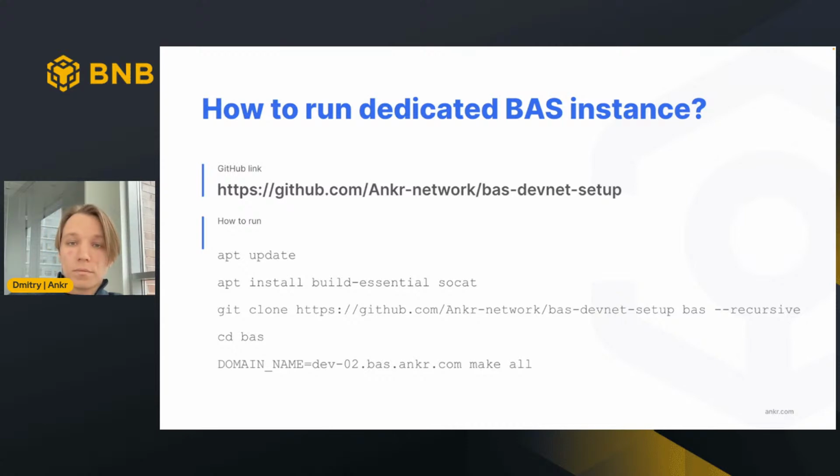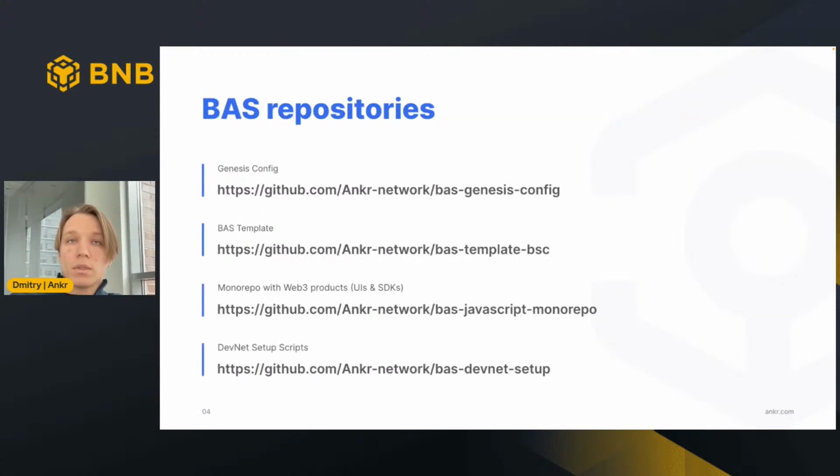And right now, we have the following repositories. These are the most important repositories for the BAS. The first repository contains the Genesis configuration. This configuration includes all information regarding the Genesis state and special scripts that can be used to generate your configuration based on your parameters.